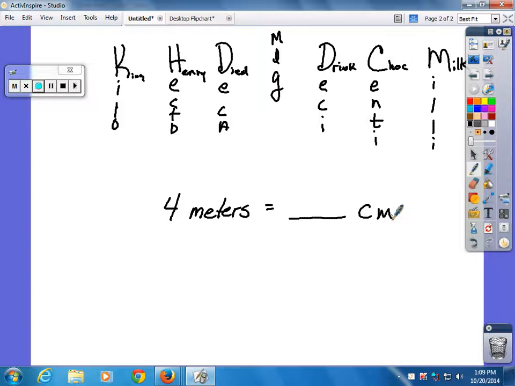That's just unit conversions, and this is unit conversions. So I find meters. Where is meters? Right here. So I start right here. And where is centimeters? Right here. So I move the decimal 2 places to the right. So the decimal is right here. So that's going to be 4, and then 1, 2. So 400 centimeters. And that's how you do metric conversions.